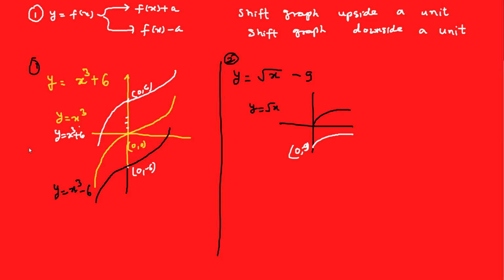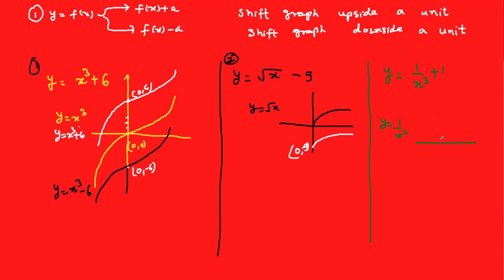Now you tell me what is the graph of x cubed plus 1. So we have to first get the graph of x cubed.